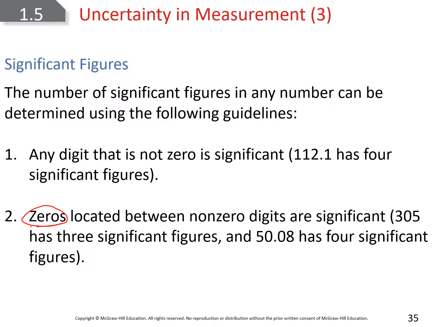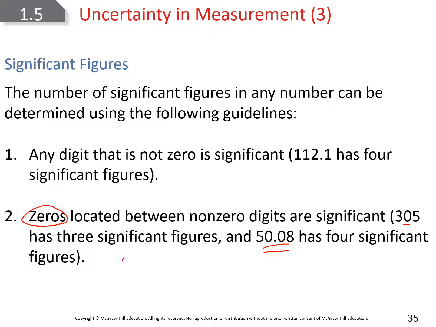Any 0 that is located between any numbers is significant. So the 0 between the 3 and the 5 is a significant 0. I refer to those as captive zeros. They are captive between two significant figures, and it doesn't matter if a decimal is present or not. As long as there is a digit to the left and to the right, no matter how many zeros are in between, those zeros are significant.